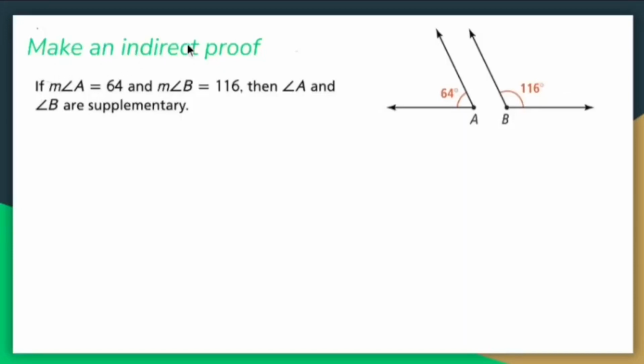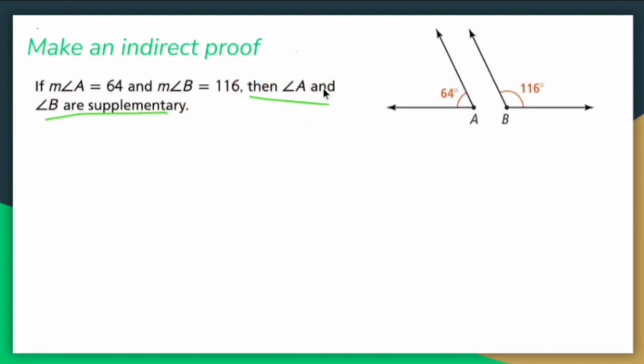Make an indirect proof. If the measure of angle A is 64, and the measure of angle B is 116, then A and B are supplementary. What's an indirect proof? I already made a video on indirect proof, so I'm not going to break it down. But first things first, we are going to take the second part of what we're trying to prove and assume the opposite.